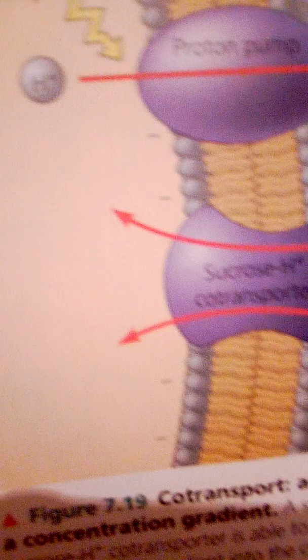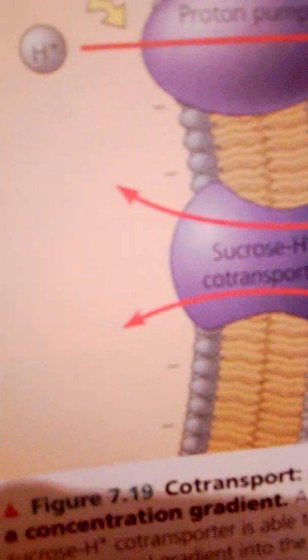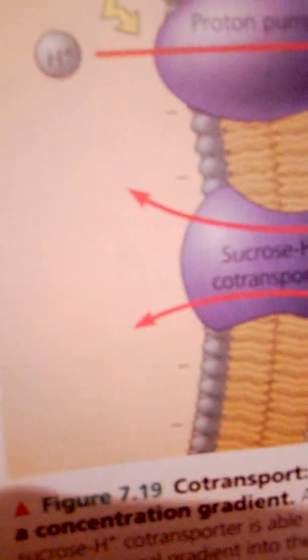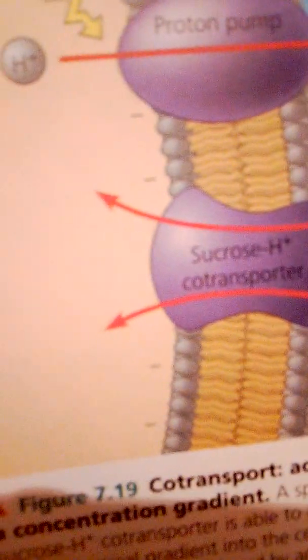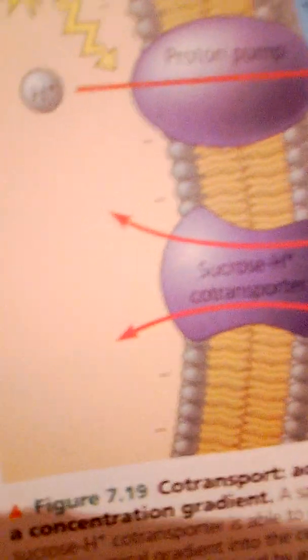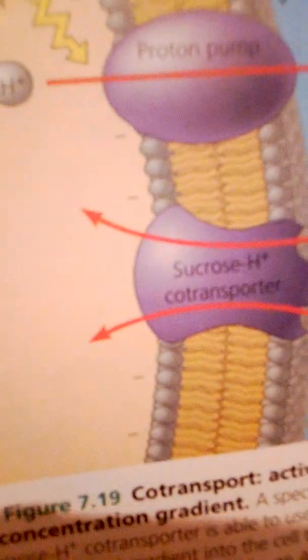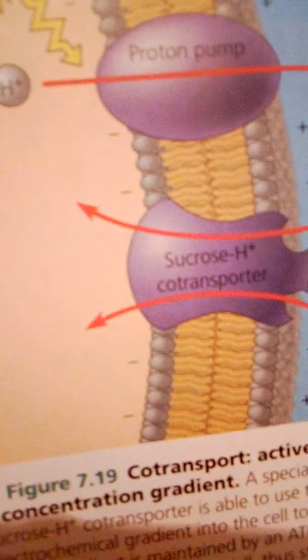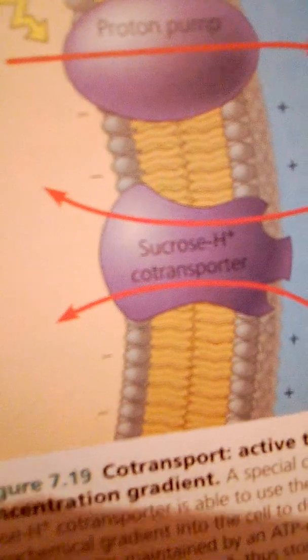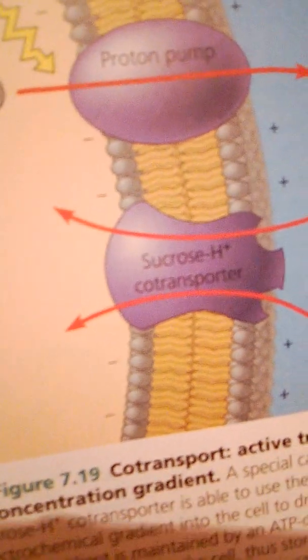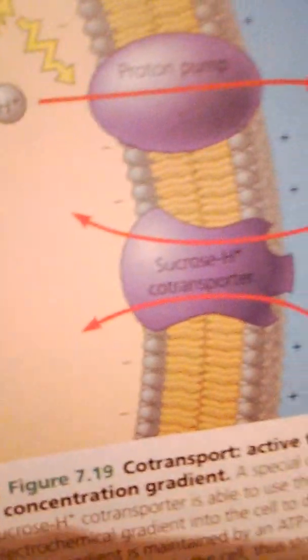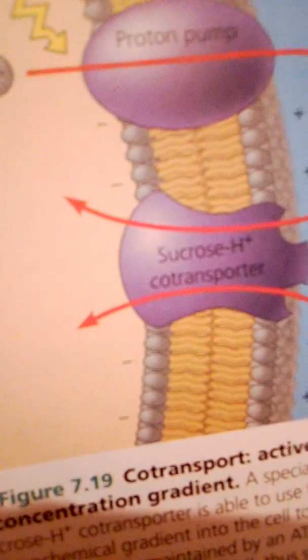The proton can translocate sucrose into the cell against a concentration gradient, but only if the sucrose molecule travels in the company of a hydrogen ion. The hydrogen ion uses the common transport protein as an avenue to diffuse down the electrochemical gradient maintained by the proton pump.